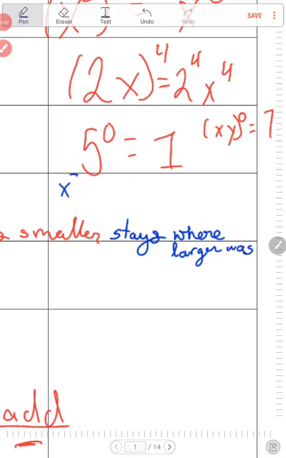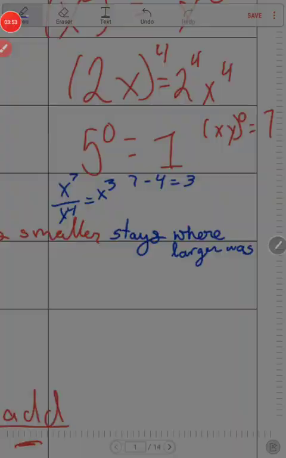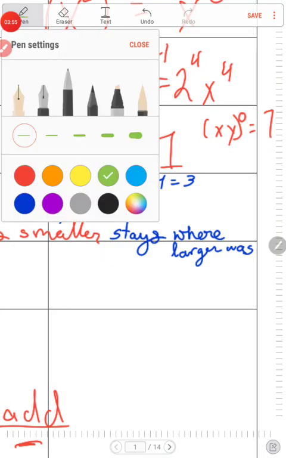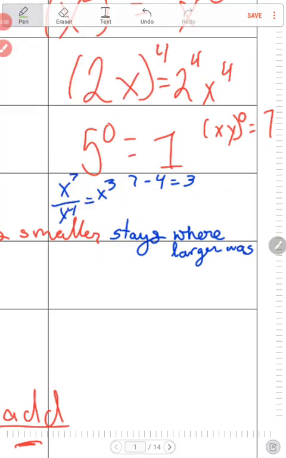What do I mean by that? So let's say we have x to the 7th over x to the 4th. That will be 7 minus 4, which is 3. Our 7 is larger, so it'll be x cubed. Now, let's say we had x to the 4th over x to the 7.